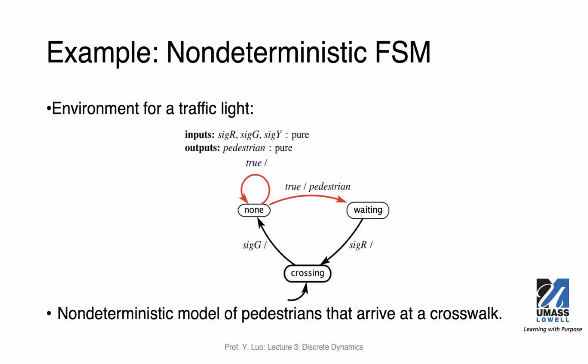So the way these two state machines work is very subtle and tricky in terms of how the pedestrian pure signal is generated.